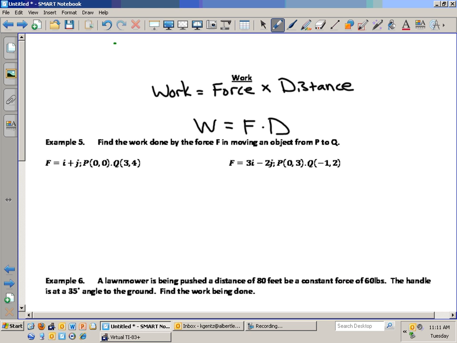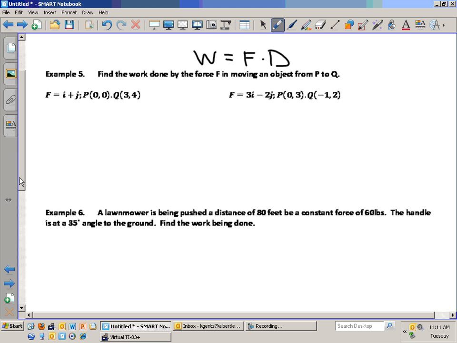It says find the work done by force F in moving an object from P to Q. I want you guys to think about this first. I'm moving from 0, 0 to 3, 4. So I'm moving from here to 1, 2, 3, and 1, 2, 3, 4. Am I moving it in a positive direction or a negative direction? A positive direction. What I need to do first is find the displacement. You might first want to find it using a squared plus b squared is c squared, but we're going to leave it in vector form.